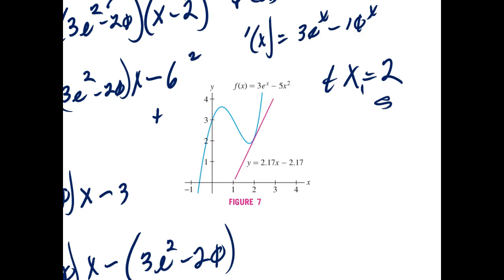So let's find the slope of the tangent line when x equal 2. There's the point where x equal 2. That's something a little bit greater than 2, 2.17, okay? And its slope just happens to be 2.17 there as well.